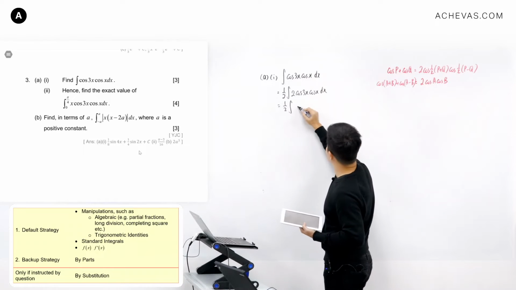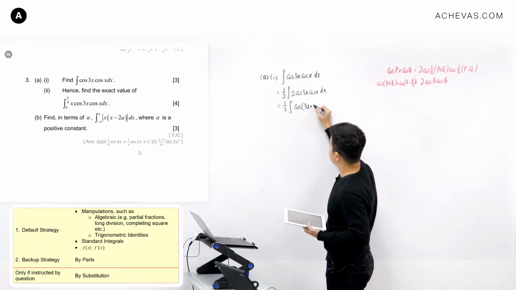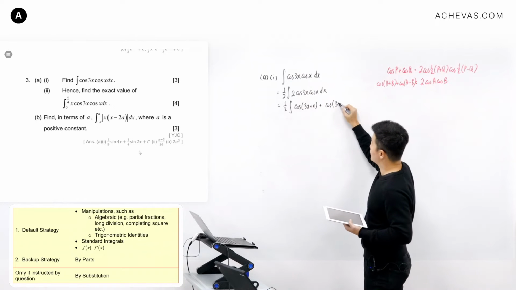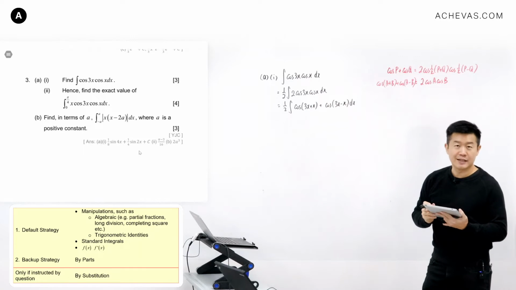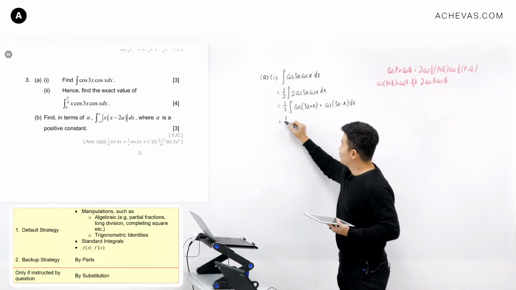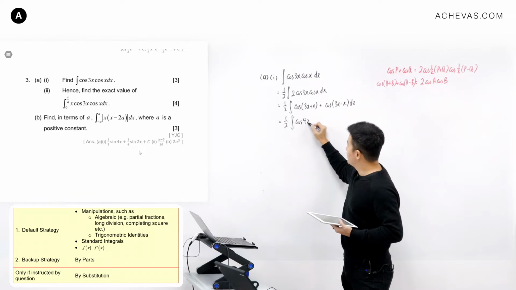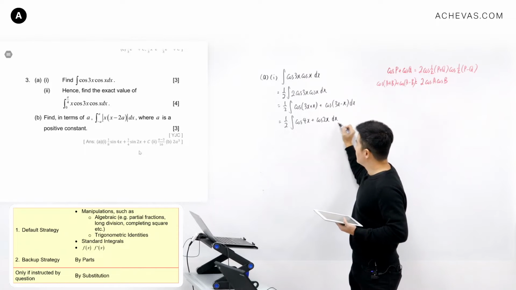Which will give me cosine A plus B, 3x plus x, plus cosine A minus B, which is 3x minus x. It's an easy question. This is equal to half, and we are going to be integrating cosine 4x and cosine 2x dx.